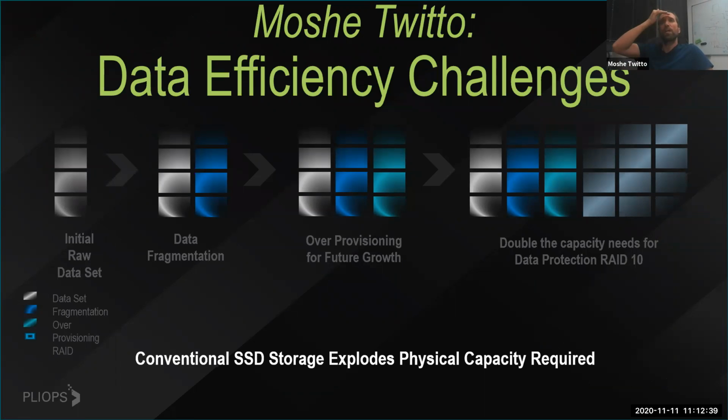So this is some breakdown of IO efficiency. If you look at the initial raw data set, we have multiple sources of data and IO amplification. Internal fragmentation is something that is prevalent in data structures such as B-trees and some hash table implementations. LSM-trees, by the way, are much better in that regard.